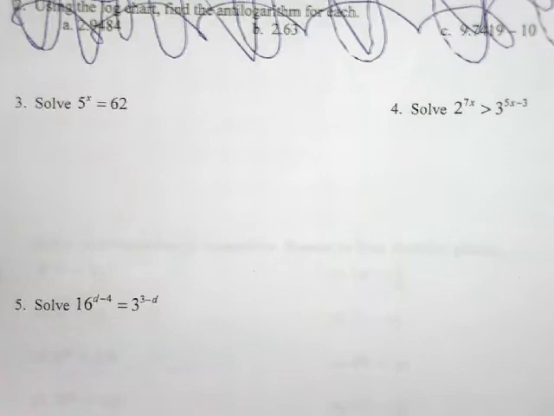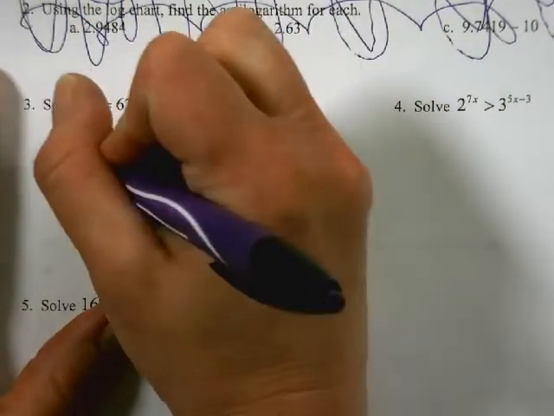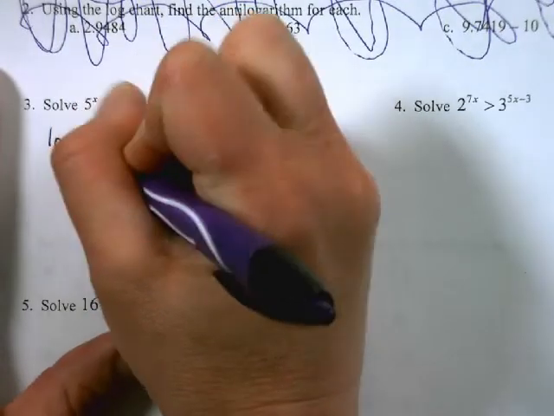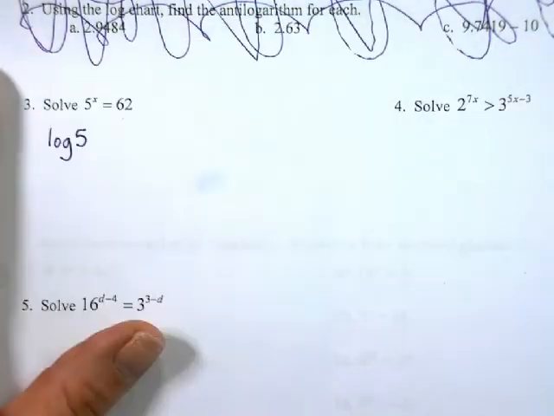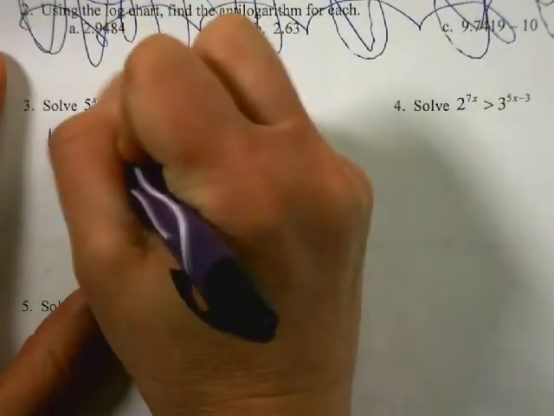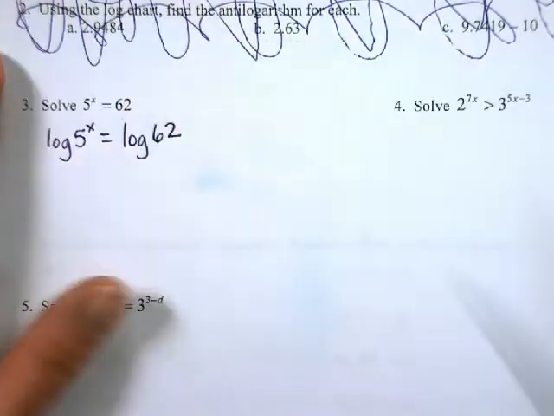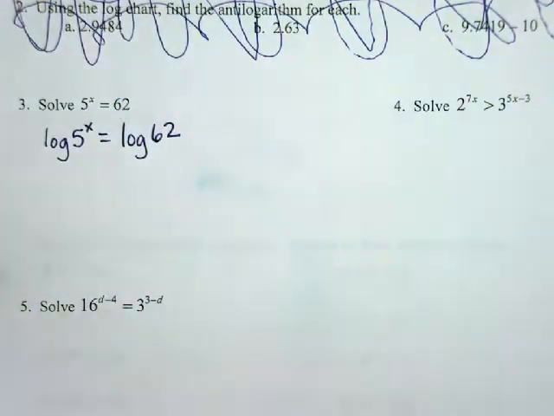So what I'm going to do now is take the log of both sides of this equation. So I have log of 5, and I don't have to put a base because I'm assuming it to be a 10, equals log of 62. Remember when we got rid of them before, there was one on each side with the same base, and we got rid of them. I'm putting them back. Okay?